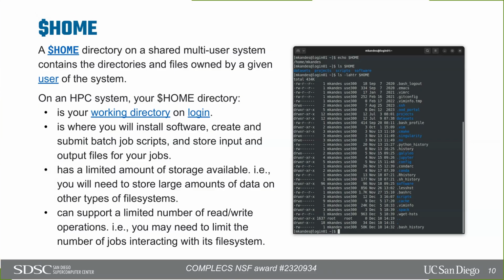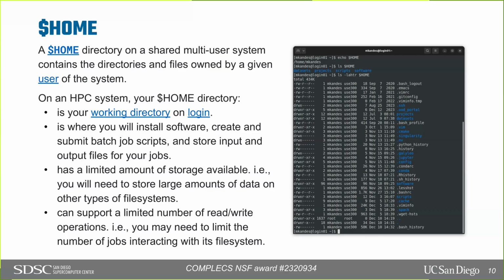But because of the limited amount of storage, depending on the type of work you're doing, if you need to store or read and write large amounts of data, there are going to be other types of file systems on that HPC system where you're supposed to do that, right?